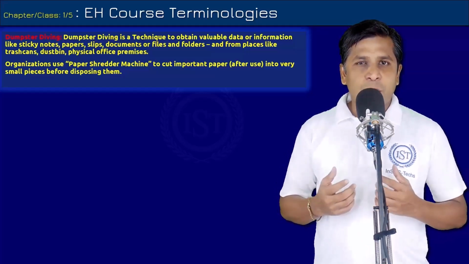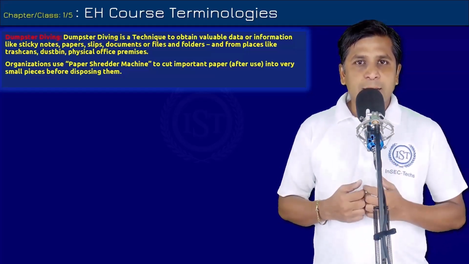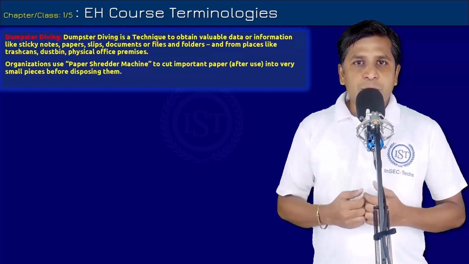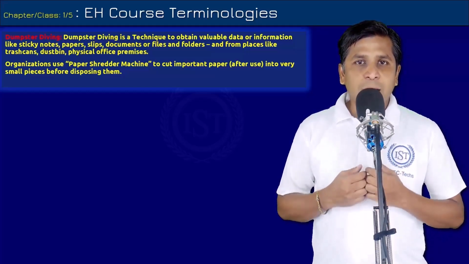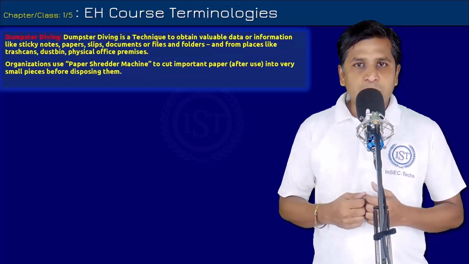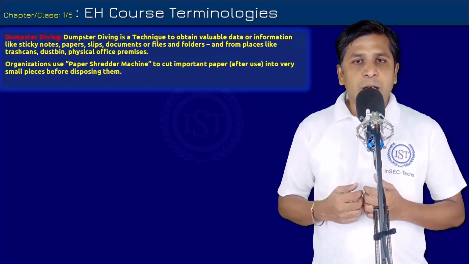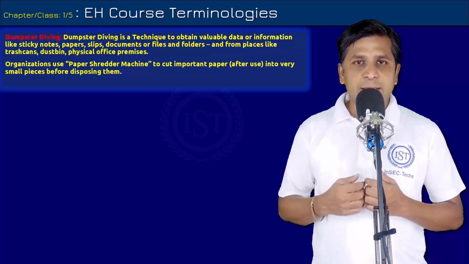Dumpster diving is a form of cyber attack where the attacker searches for valuable information that could assist in performing cyber attacks, either vulnerability assessments or the cyber attacks themselves.